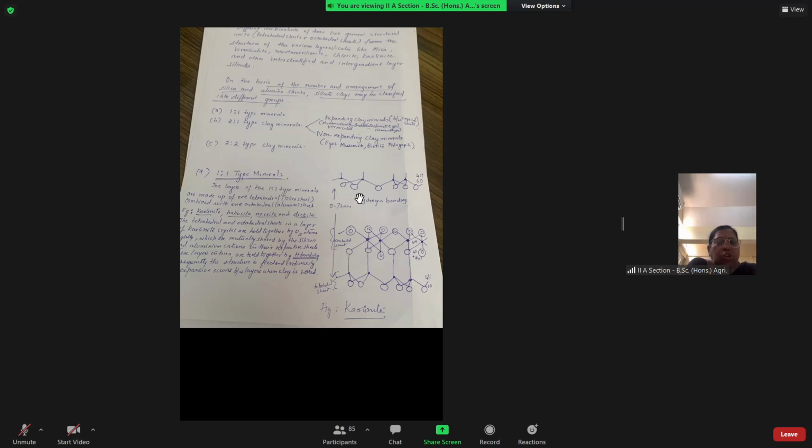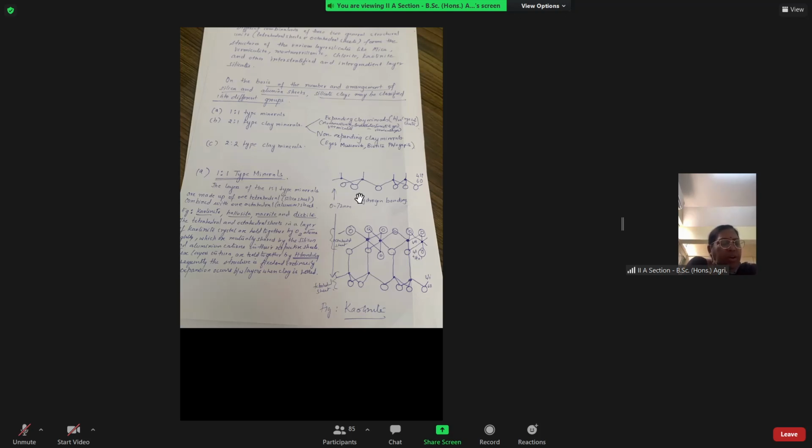Because of the strong binding forces between the structural layers, kaolinite particles are not readily broken down into further thin plates. Because they are strongly bonded, they cannot be broken easily.